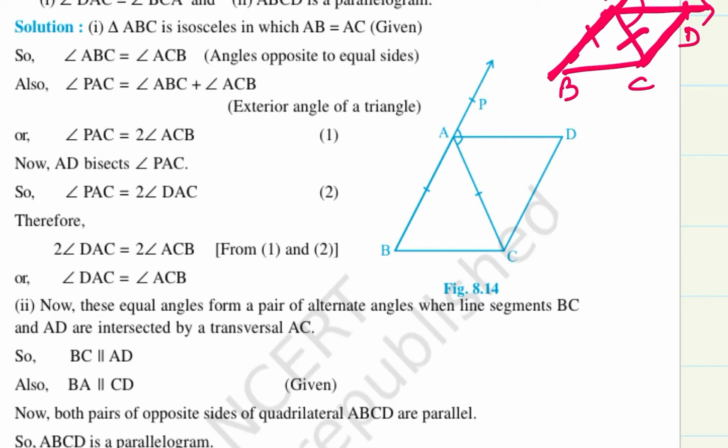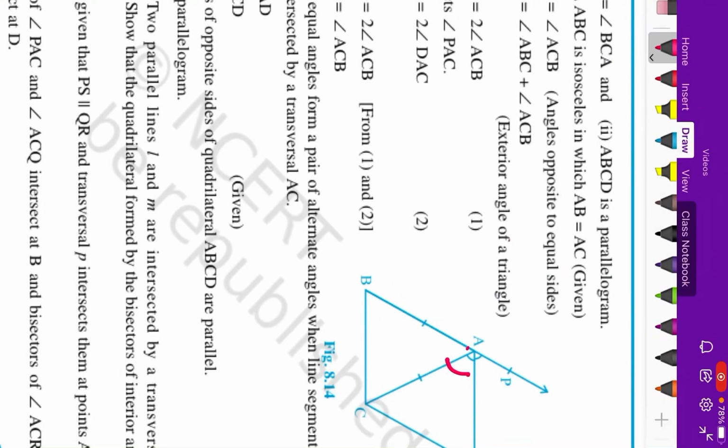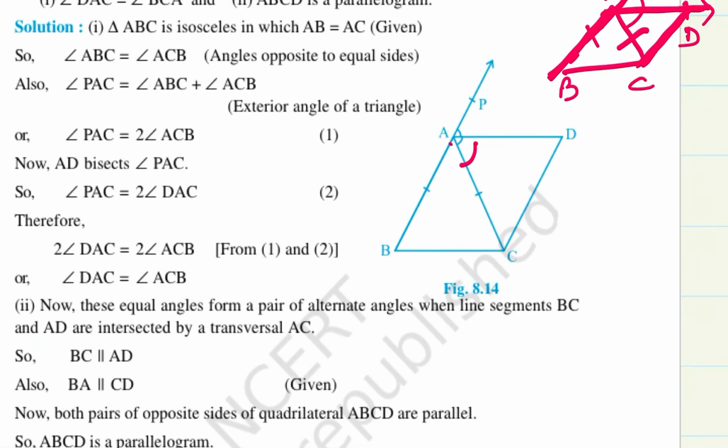We are supposed to prove that angle DAC, that is this angle, and angle BCA are equal, and we have to prove that ABCD is a parallelogram.